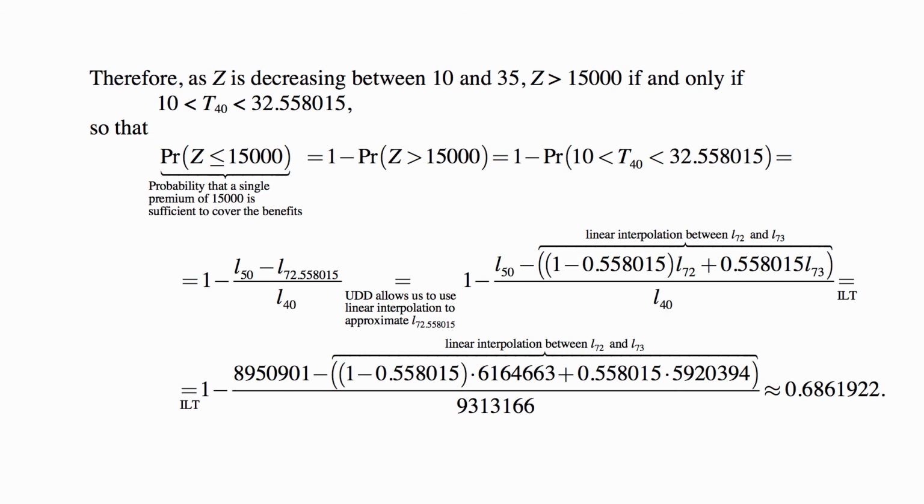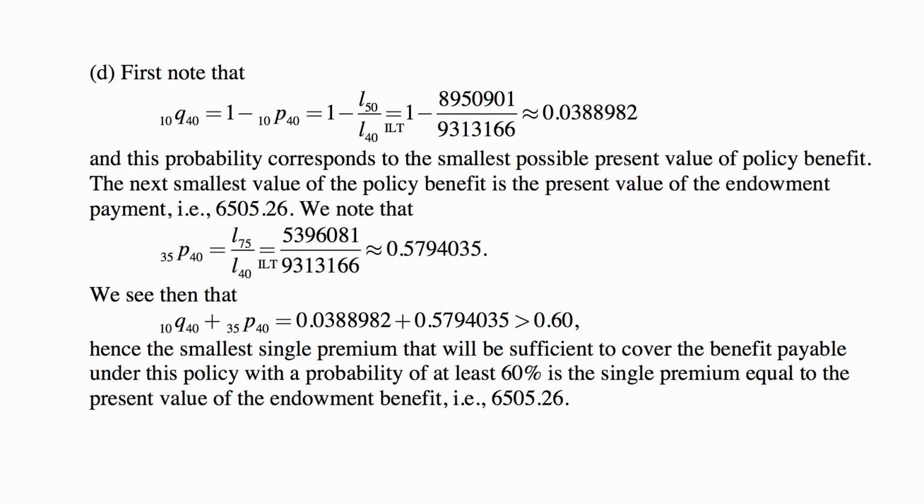So at age 72.558015, we are approximately 0.558015 of the way into age 73, but 1 minus that still in age 72, roughly. That's what this linear interpolation that you see here says. And then we just plug in the numbers from the illustrative life table and do the calculation, and we get approximately 0.6861922.